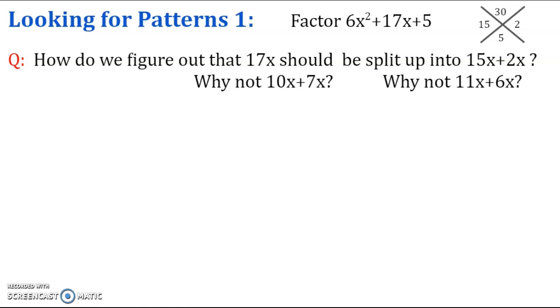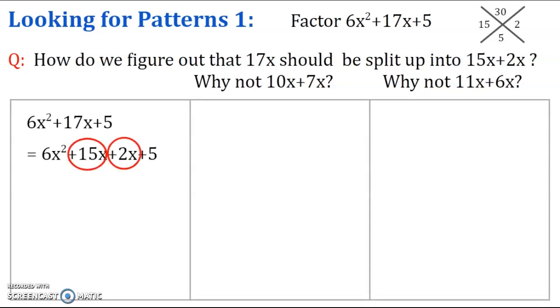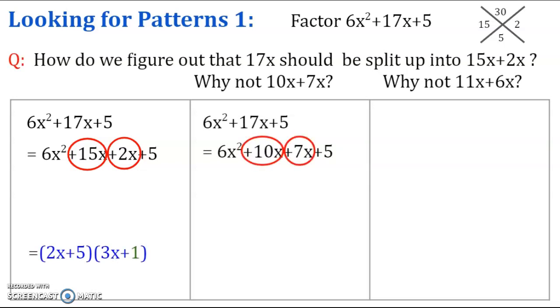So, what happens if we do that? What happens if we did not solve the diamond problem properly, or if we just came up with some random split? Well, in this case, this is the one where we did it properly, and you do get the right answer. Okay.